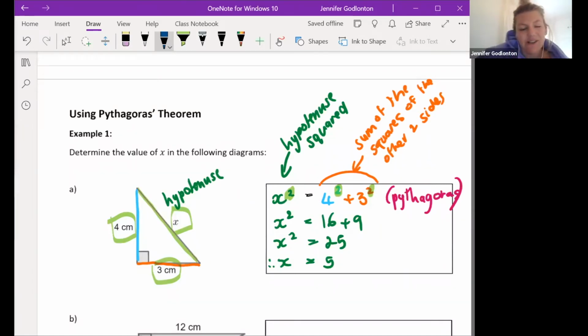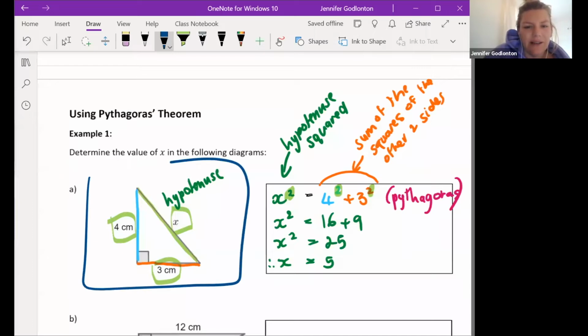Would you still have to write a squared plus b squared equals c squared? Yes, because it's the Pythagoras theorem, and you have to start with it, and then you figure out your A and B. So I'll say a squared plus b squared equals c squared, then under it I'll say 4 to the power 2 plus 3 to the power 2 equals x squared, and then I'll carry on until I get my answer.